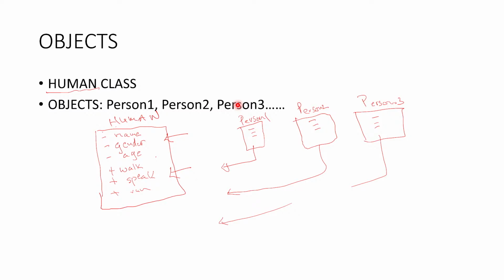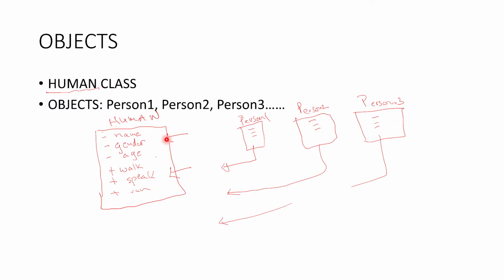That person has those properties of the eyes, the nose, and the ears, which is different from another person who has different colored eyes, different shape ears, a different size nose. So each person, each object is different, but they all belong to the same class.